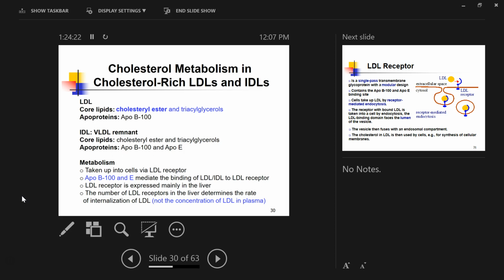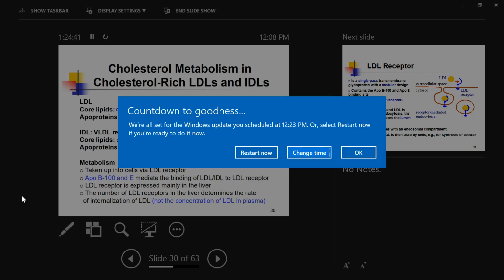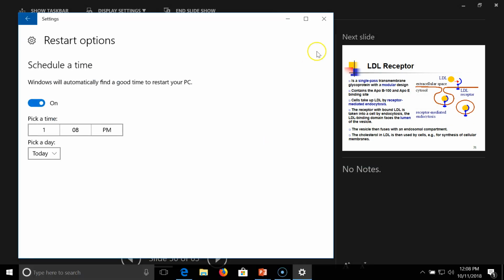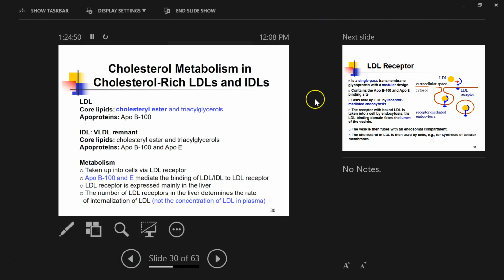That leads to high levels of LDL cholesterol in the circulation. And these high levels of cholesterol will deposit in the artery wall and macrophages, causing atherosclerosis. IDL is a VLDL remnant. IDL core lipids also contain cholesterol esters and triglyceride, and the apoproteins are ApoB100 and ApoE.